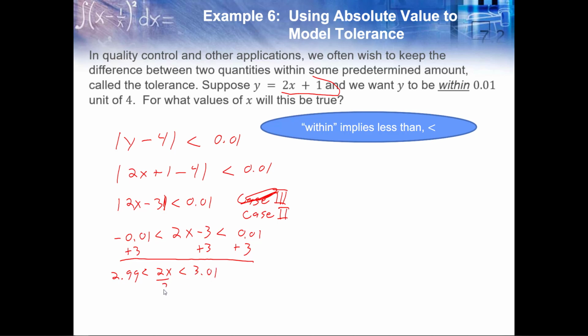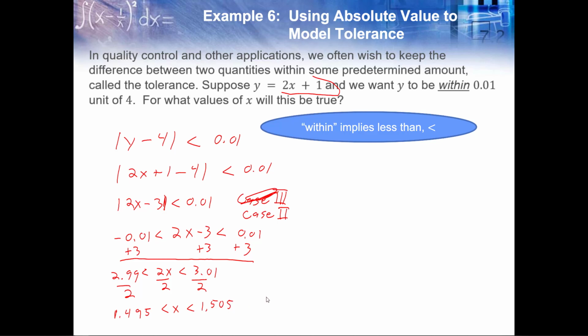Now we can divide all three sides by 2. And if we do, we will have 1.495 is strictly less than x, which will strictly be less than 1.505.